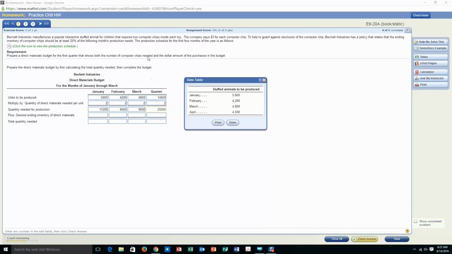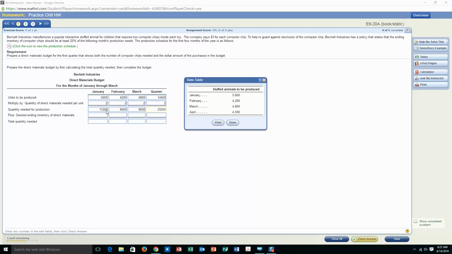So this is computer chips. It says in the opening scenario, there are 2 computer chips for each toy. So the quantity needed for production is 2 times the number of toys we're going to produce. So step 1 is convert the units produced to the quantity of material that you need.